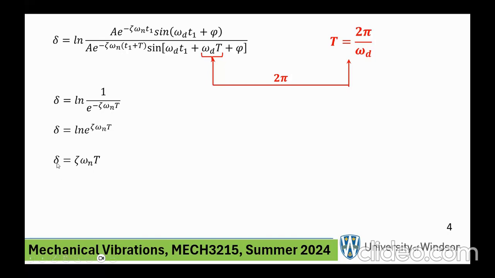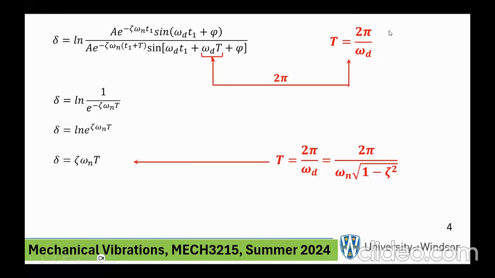Delta we know because we measure. Big T we know because we are looking at the graph, the distance between two peaks, okay? And omega n we know in terms of big T. In other words, big T is 2 pi over omega d, that much we know. But omega d is related to omega n like that.